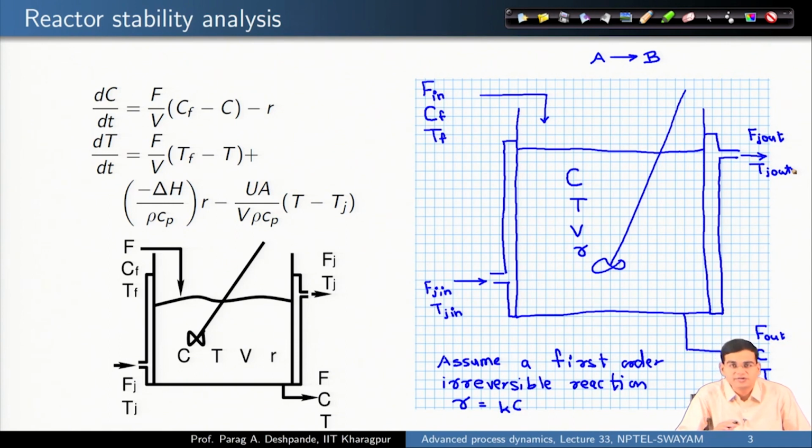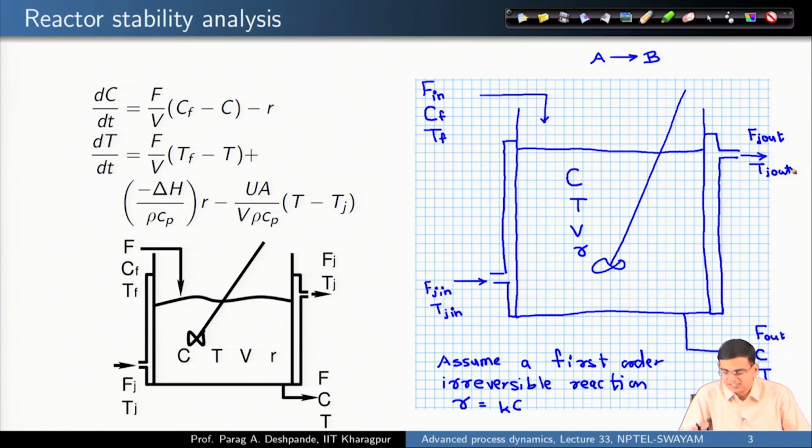So, there are no temperature or concentration gradients, spatial gradients inside the reactor. So, therefore, concentration of A inside the reactor is C, temperature is T, the volume is V. At this point of time, we do not know or we cannot say whether the volume V of the reaction mixture is a constant or a variable. We have just denoted it as V.